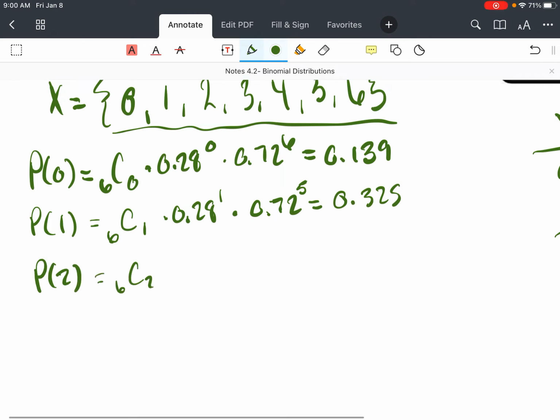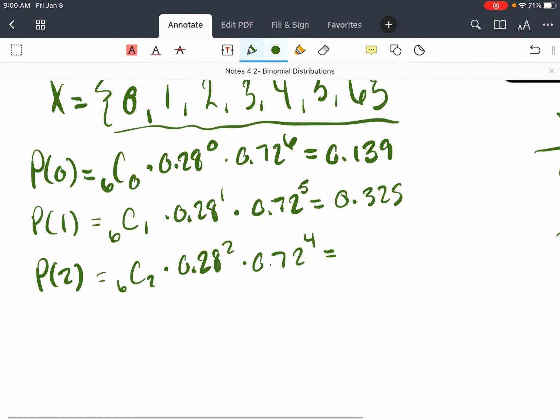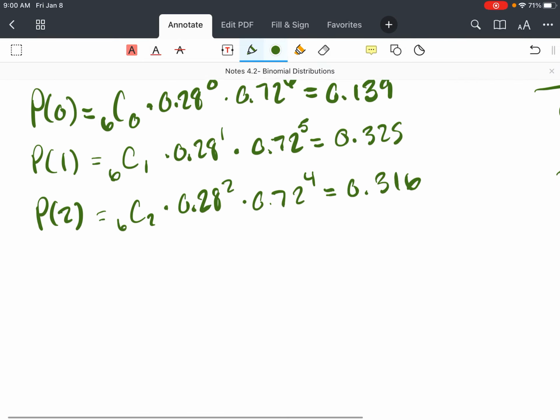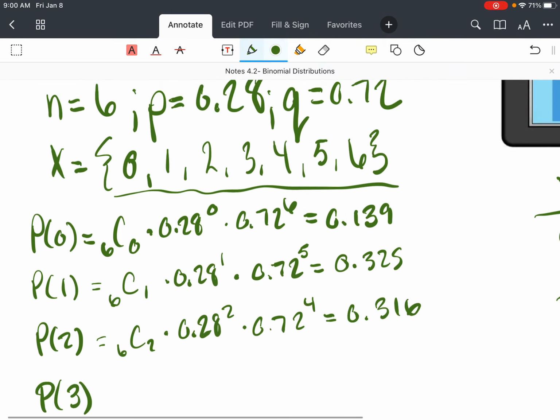P(2) is 6C2 times 0.28 to the second power times 0.72 to the fourth power equals, and I got 0.316 for this one. Okay, and I'm going to go ahead and just rewrite what these are.